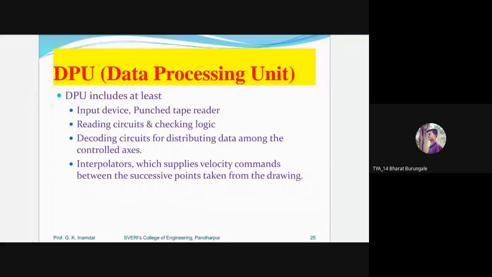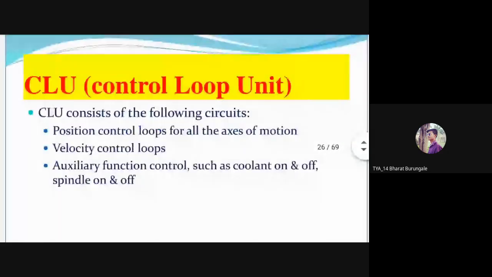What is the control loop unit? CLU. Now what is the function of the CLU? The CLU consists of the following circuits. A position control loop for all axes of motion: whatever the position or process, they will transfer it to the machine.